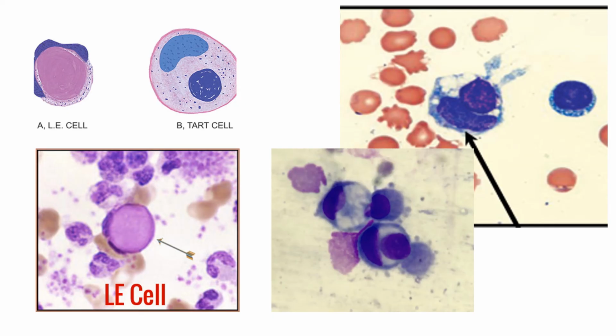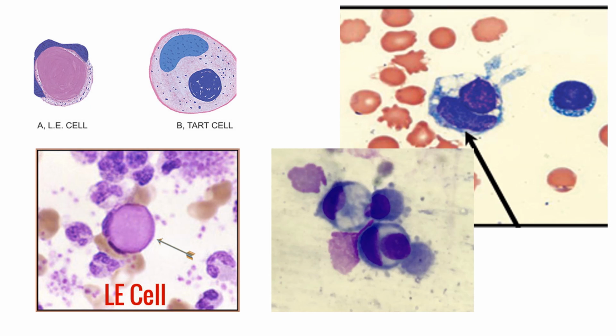This is how your tart cell looks under the microscope when you examine peripheral blood smears. When you compare the LE cell to the tart cell, the engulfed homogeneous structure of the LE cell takes up the entirety of the cell, pushing the nucleus to the periphery, whereas for the tart cell, there is so much space, and the engulfed structure is darkly stained, whereas for the LE cell, it's smooth.